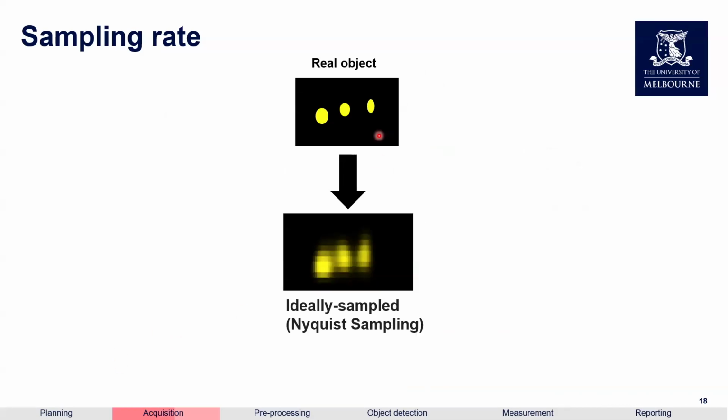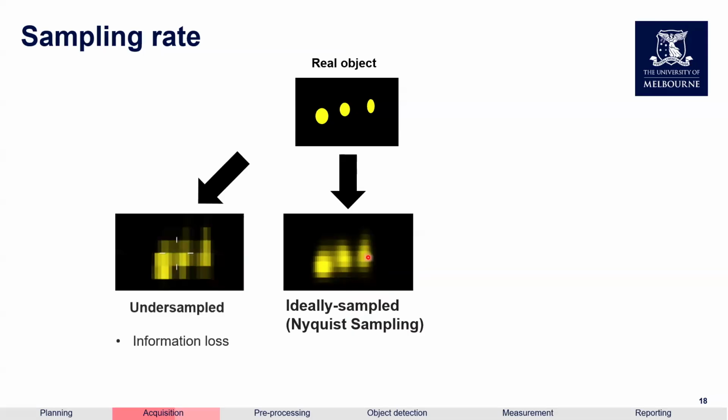So this is an example where the objects were taken with Nyquist sampling rates. And if we use lower sampling rates, which means larger pixels, this will result in a pixelated image like this, and we will lose the details of our shapes.